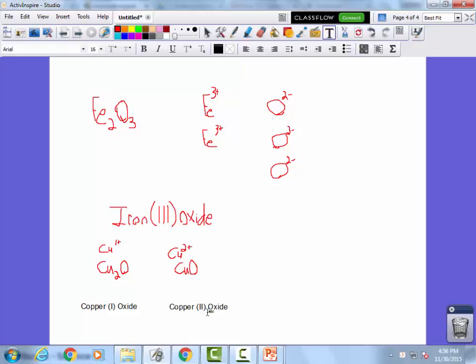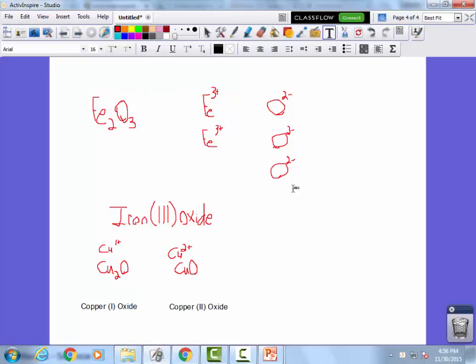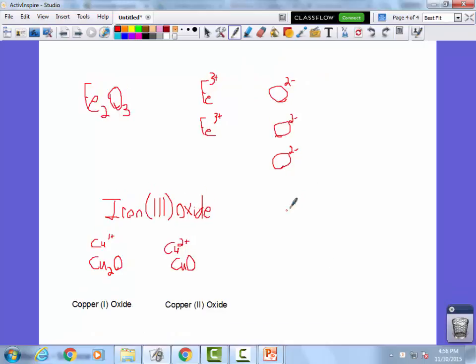You only use the Roman numerals when you're working with these ones with multiple charges to choose from. If I was working with zinc and I know it's 2 plus, I don't need to. Like zinc nitride, if I were to combine those two together, so zinc being Zn, I know it's a 2 plus charge, and nitrogen is a 3 minus charge. So I need to balance these.